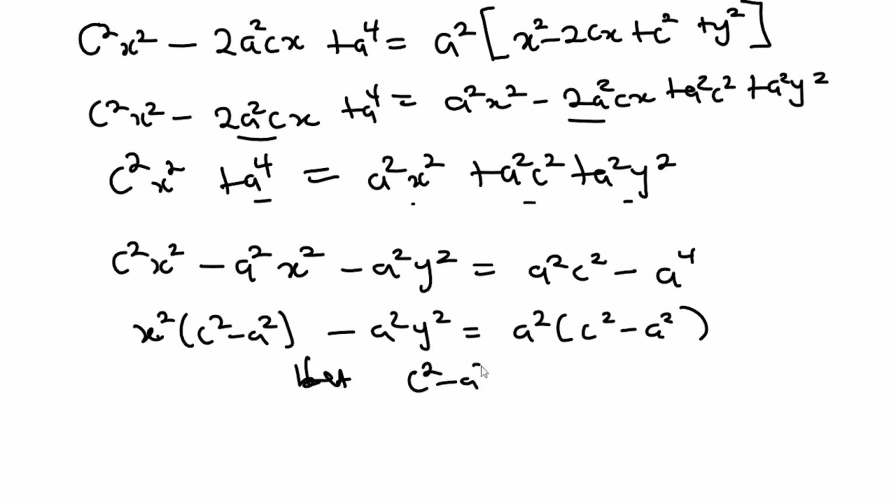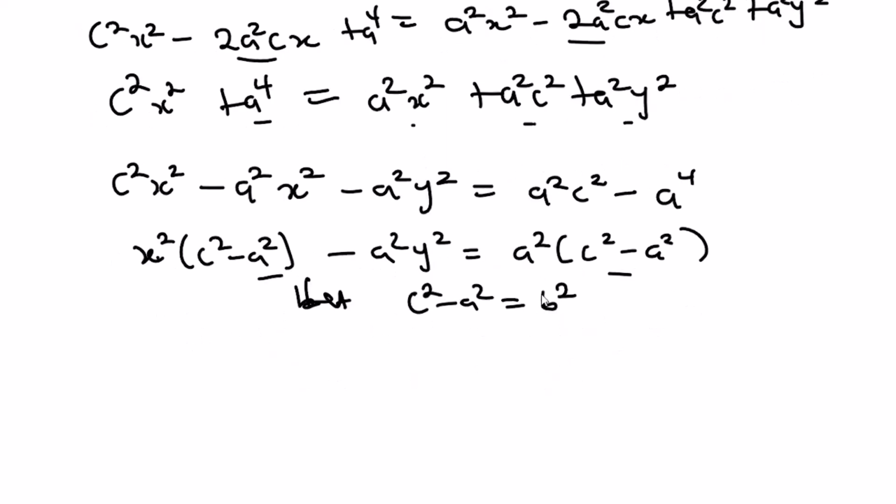Now let c squared minus a squared be equal to b squared. So I'm going to replace this and this with what? B squared. So let's see what happens. We are going to get x squared b squared minus a squared y squared being equal to a squared b squared. Now let's divide by a squared b squared throughout.